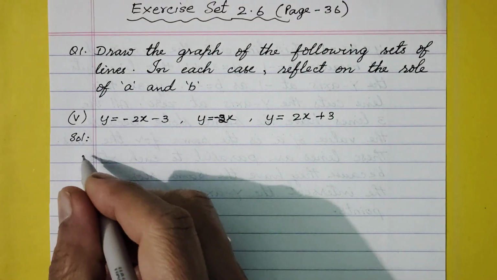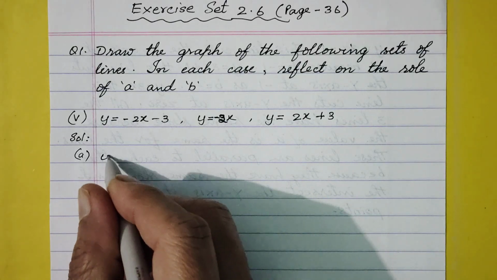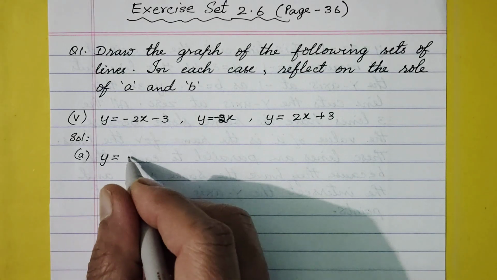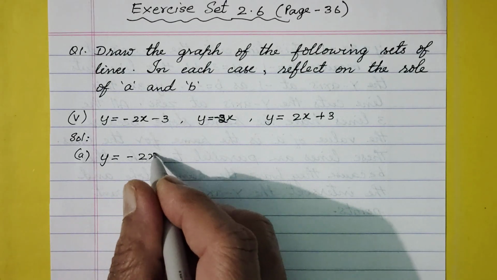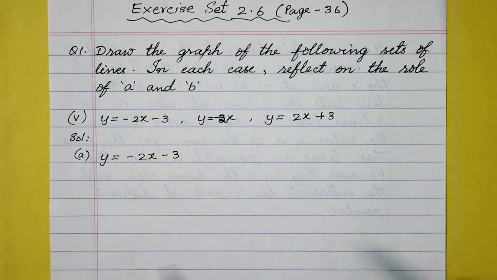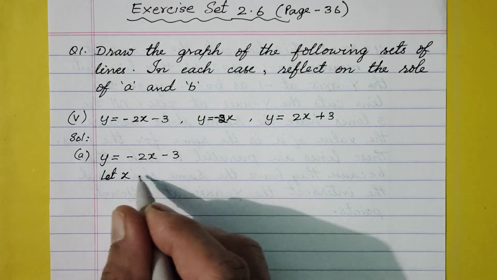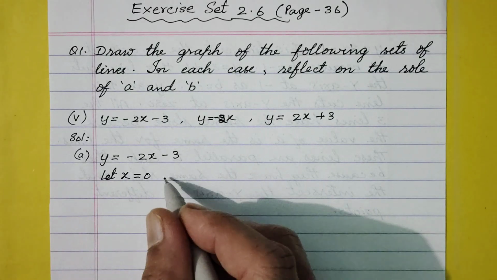So the first one, y equal to minus 2x minus 3. So let x be equal to 0.